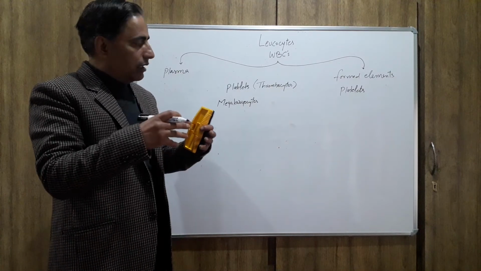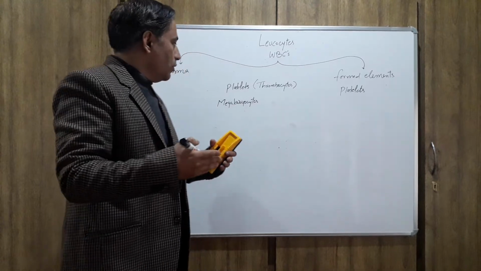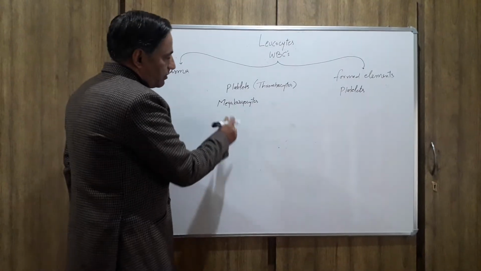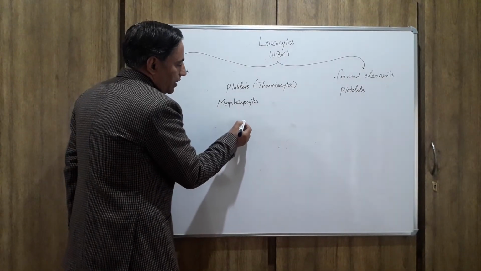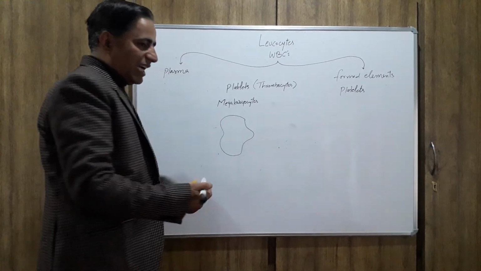They are larger in number, and their size is also large. For example, if this is a megakaryocyte present within the bone marrow, what happens?